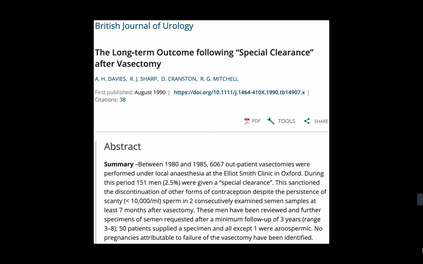Okay. The other thing is, especially when you're doing it under local, sometimes it's easier if we make one small median raphe vertical incision and bring the left vas and right vas into the same incision, which is less traumatic to the patient, and the local anesthesia will act better. So if you learn a little bit about local anesthesia, you will also mentally agree with single incision vasectomies.